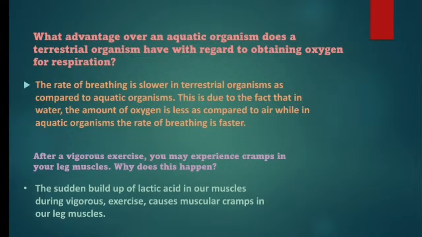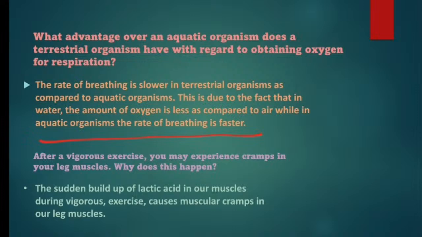Okay, the reason is that it has to inhale the oxygen which is dissolved in water. The amount of oxygen which is present in water is comparatively less than that which is present in atmospheric air. So that is why the breathing rate in aquatic organisms is much faster than in terrestrial organisms.